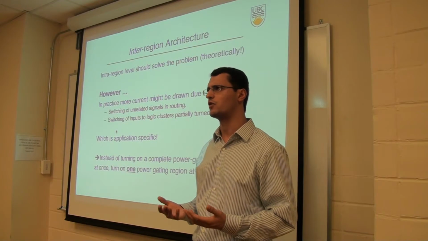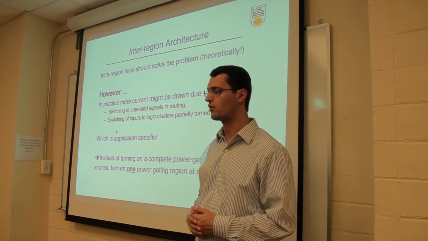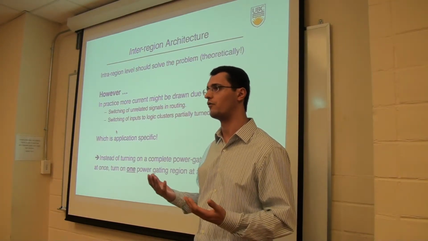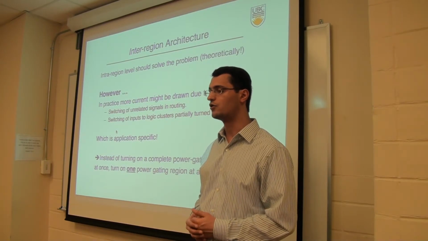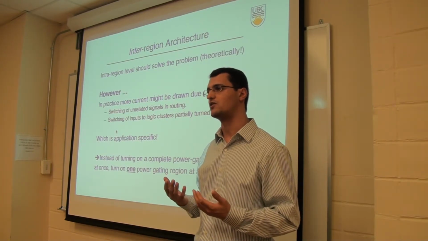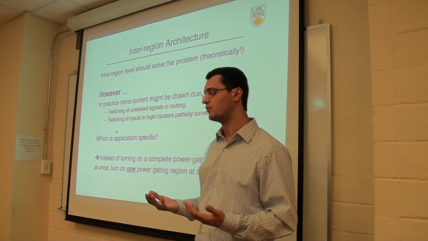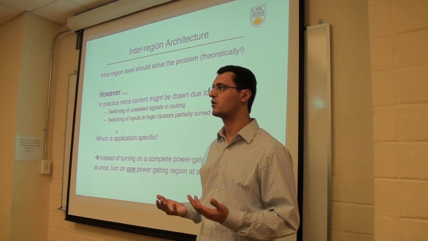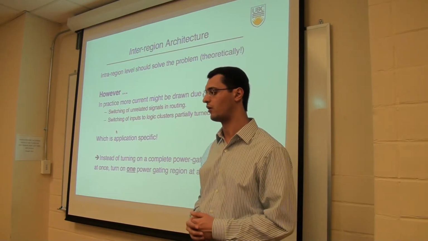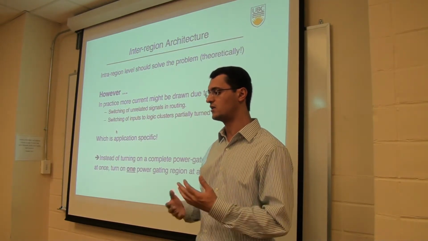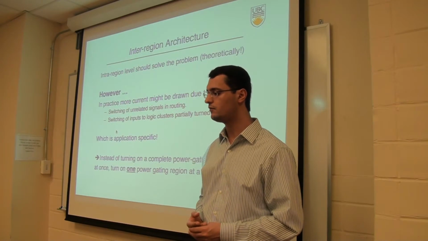However, in practice, more current can be drawn during the turn-on of regions due to switching of unrelated signals that are routed between the different power domains, and also because of switching of inputs to logic clusters during the turn-on of the power domain. And these are application dependent.